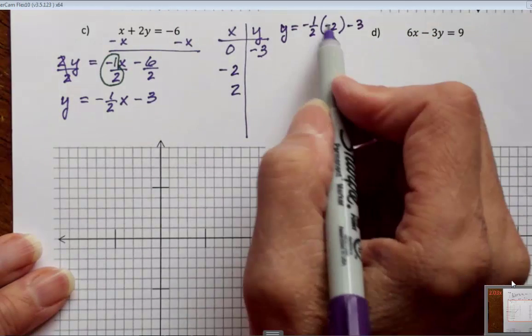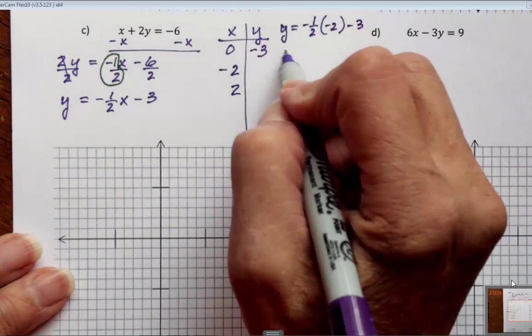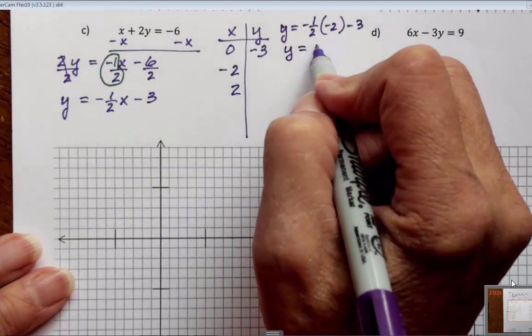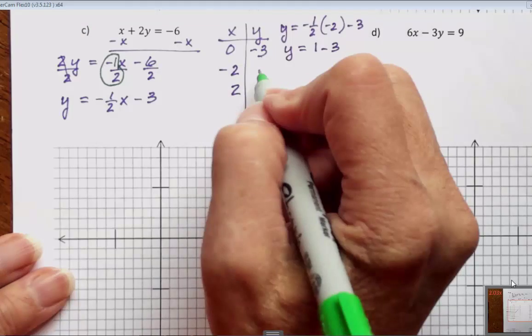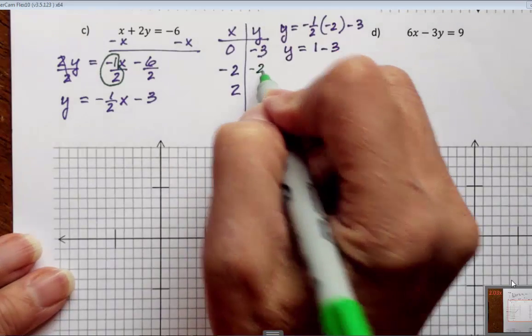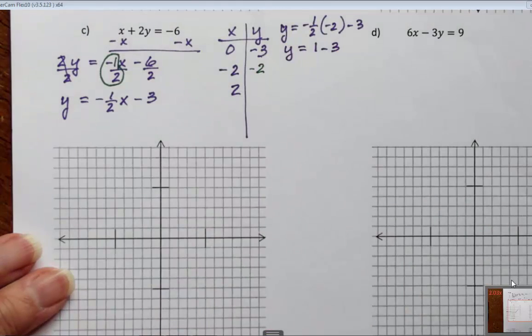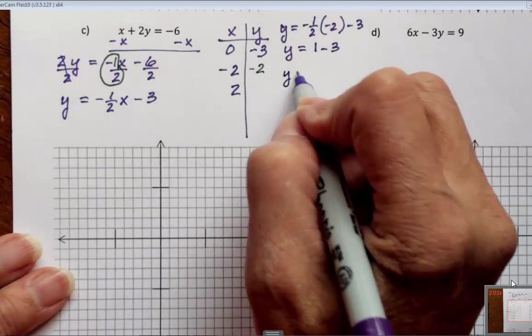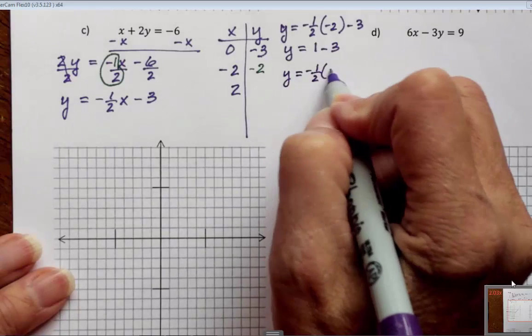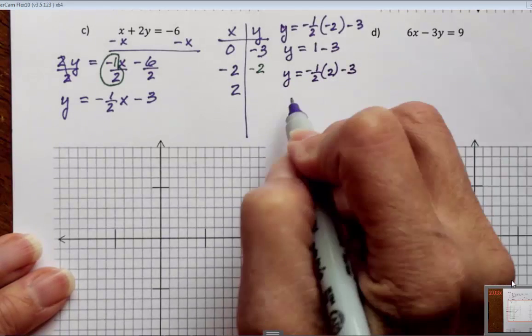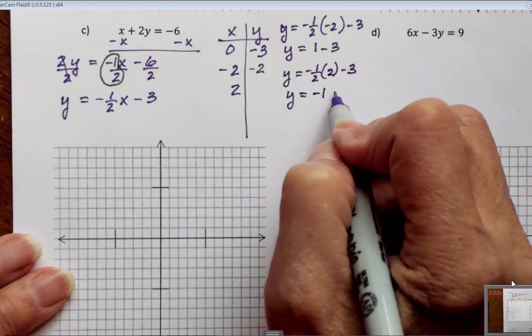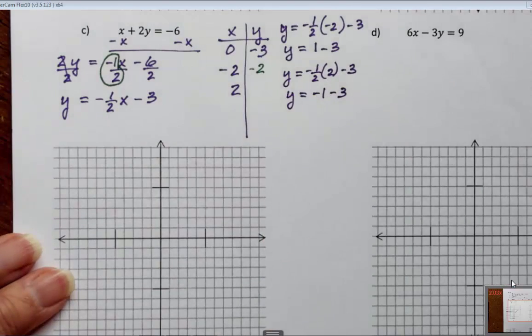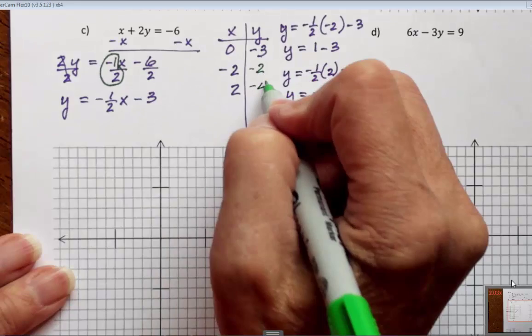Simplifying that, negative 1/2 times negative 2, that's going to give you a positive 1 minus 3. So overall, my y value then is going to also be negative 2. Then I'm going to put in 2 for x, and I end up with negative 1/2 times 2 minus 3. And this time, negative 1/2 times 2 is going to give me a negative 1 minus 3. So overall then, my y value is negative 4.